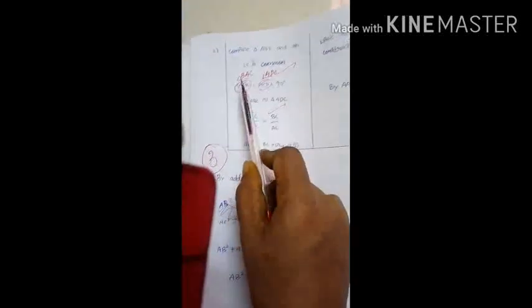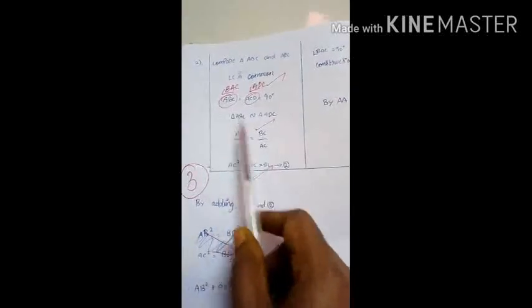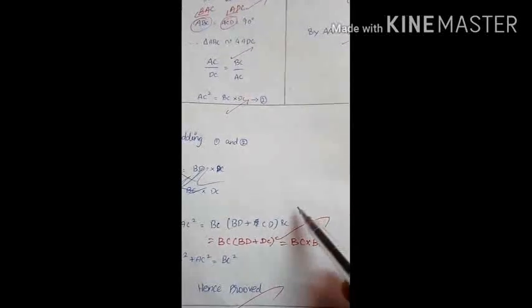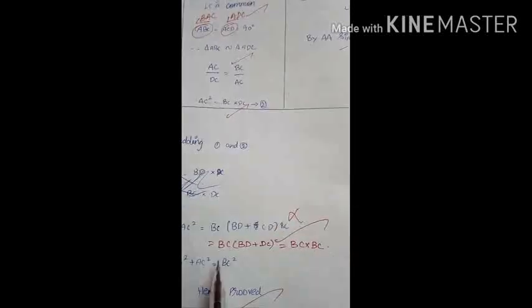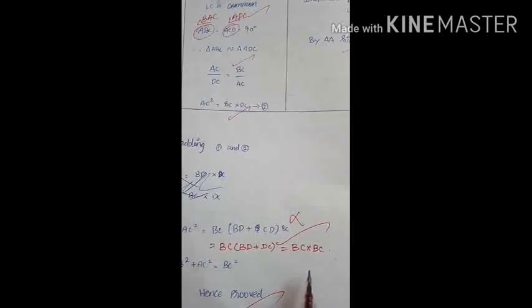Here again, angle BAC is mentioned as ABC and ADC is mentioned as ACD. So remember, my dear students, this is a big mistake. And here in the conclusion, we have to do it like this: BC is taken as a common factor out, and BD plus DC will give you BC.